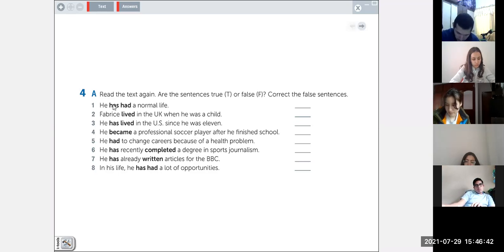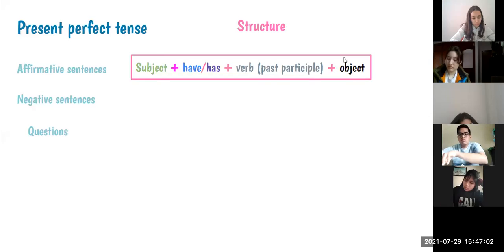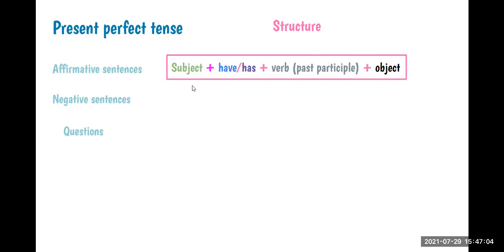After the auxiliary verb, we have the verb in the past participle, and after that, the complement. Very good. So this is the structure we use for the sentences in the present perfect: subject, have or has according to the subject, verb in the past participle, and then the object or the complement of the sentence.